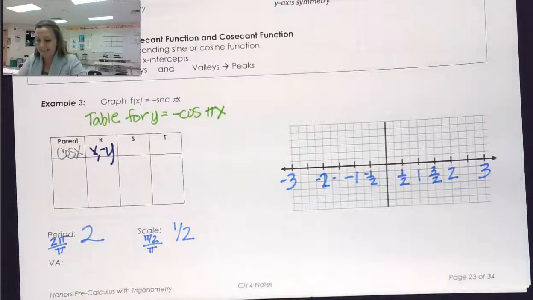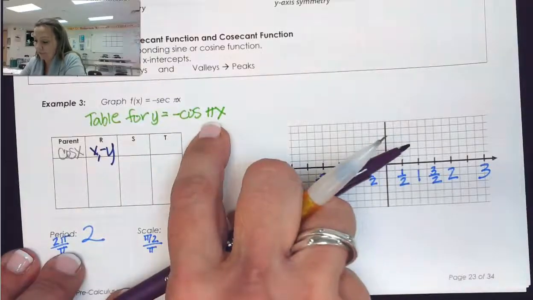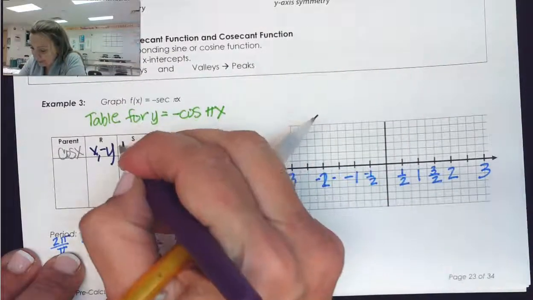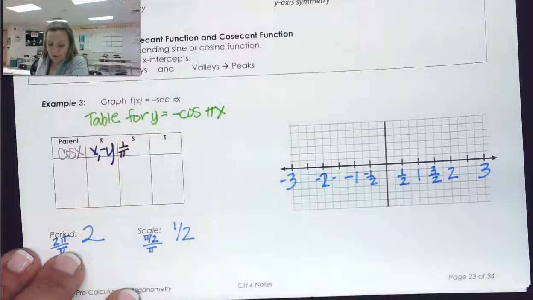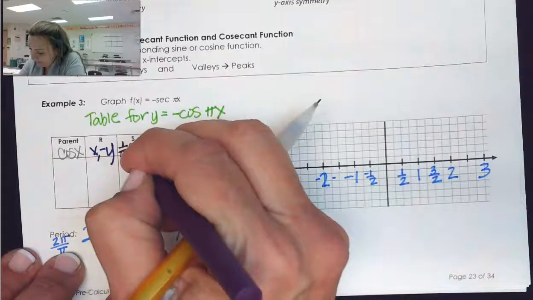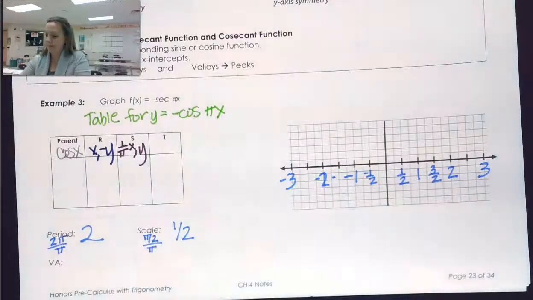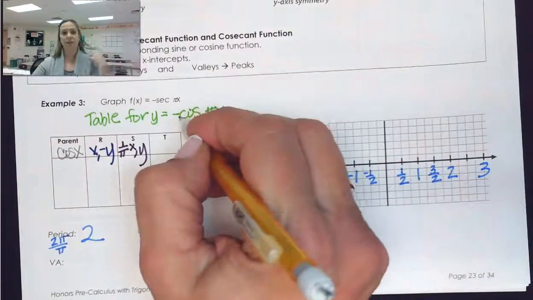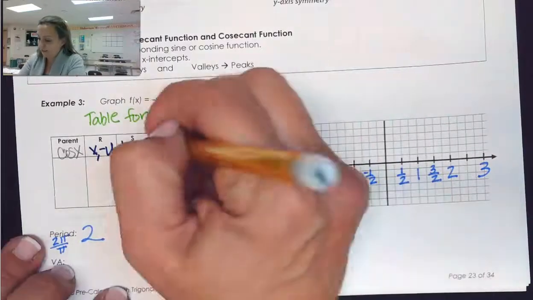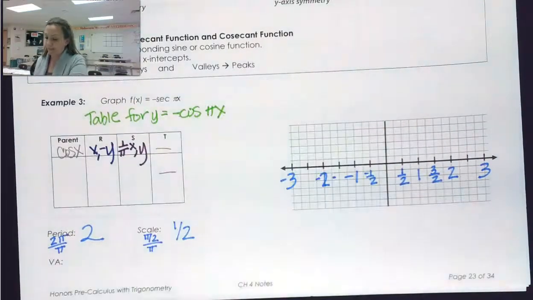And this coefficient here, this b value, tells me that there's going to be a shrink of 1 over pi for x. And for y, the amplitude was just 1, so we're good there. And this graph doesn't have any sort of translation.